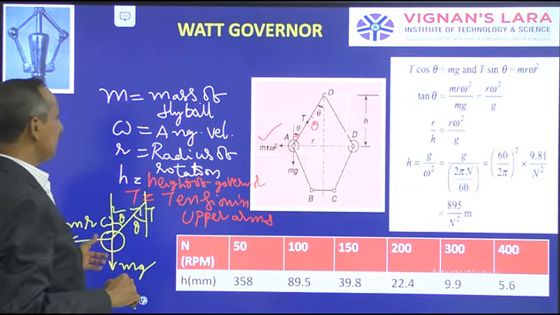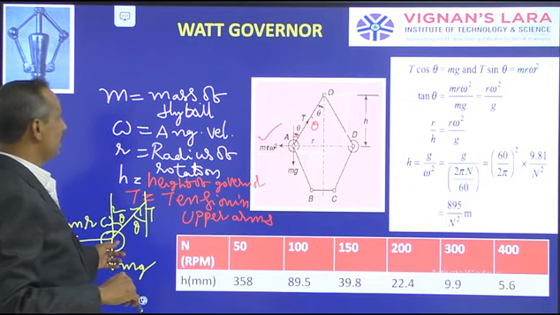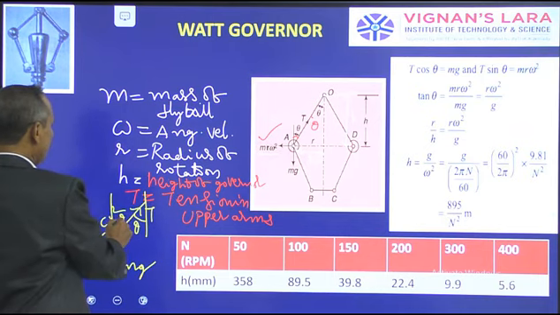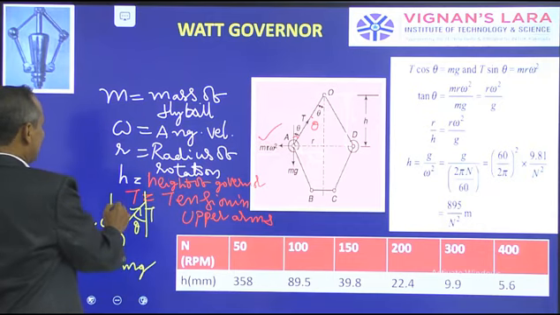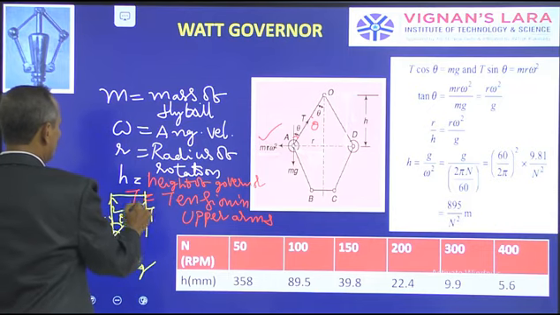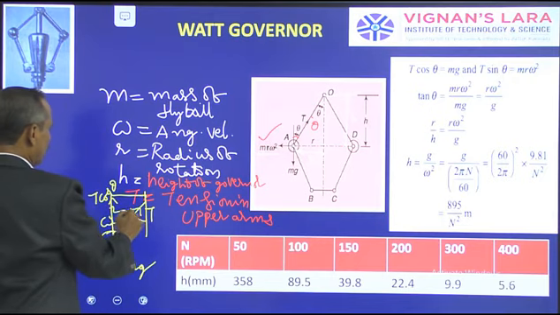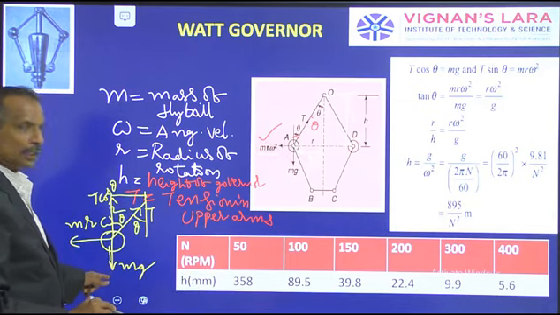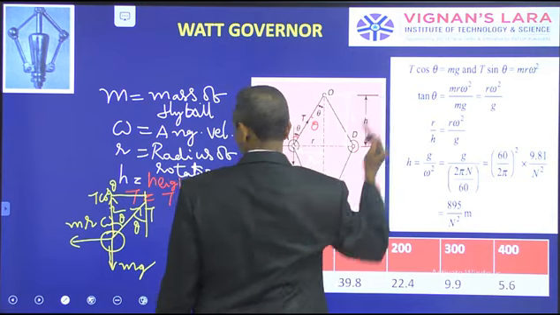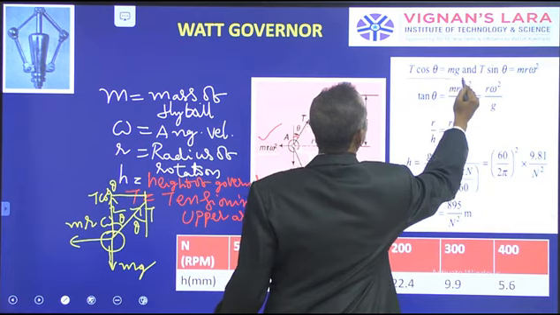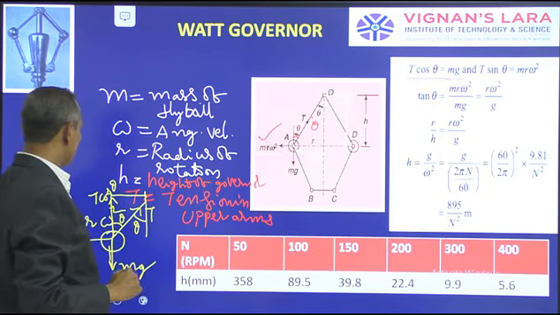So you can write the force analysis resolving in the horizontal and vertical directions. T cos theta is acting in the upward direction, and it is balanced by the downward force mg. So T cos theta is equal to mg.